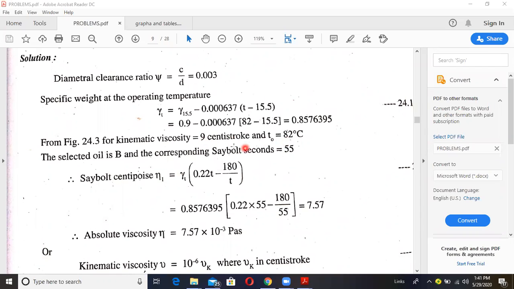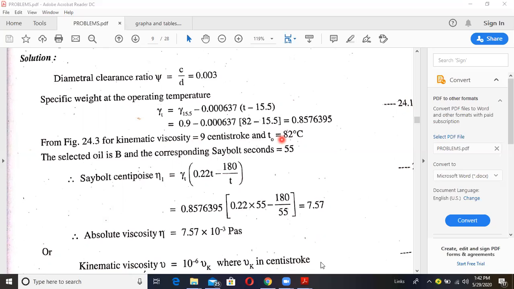When they give centistokes, it is kinematic viscosity, not absolute viscosity. Always we substitute absolute viscosity, so we calculate absolute viscosity from kinematic viscosity and operating temperature using the figure. First we calculate the time using the kinematic viscosity and T naught.